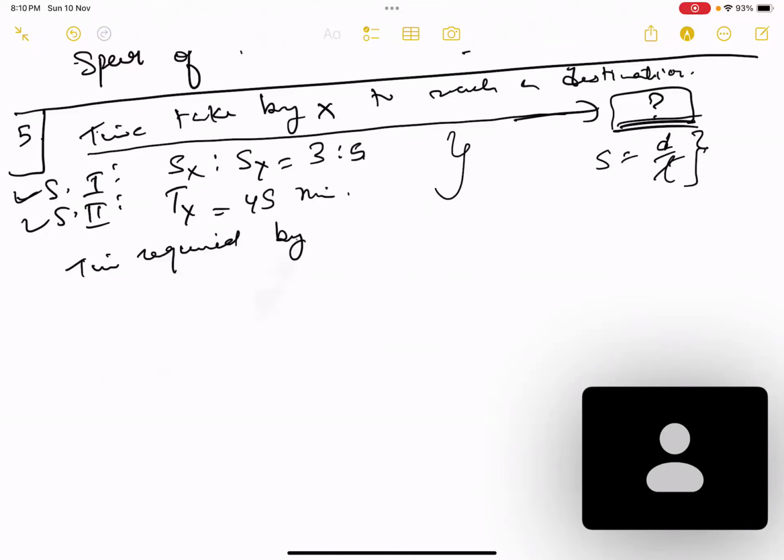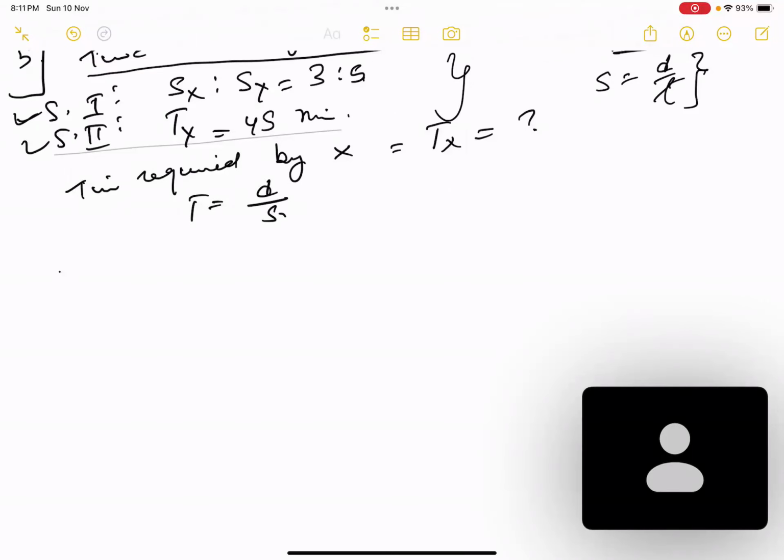This is what we have to find out. Now, statement one says that speed of x is to speed of y is 3 is to 5.